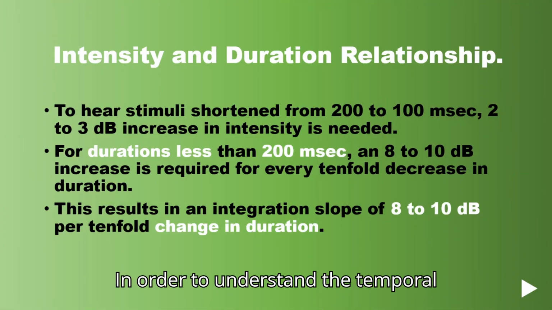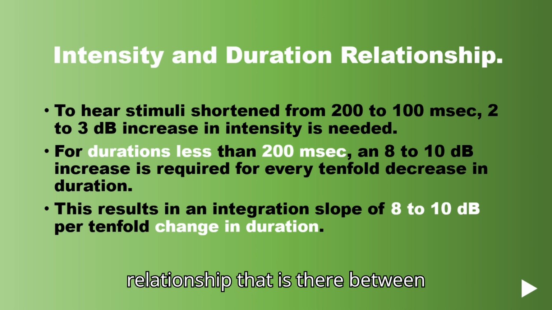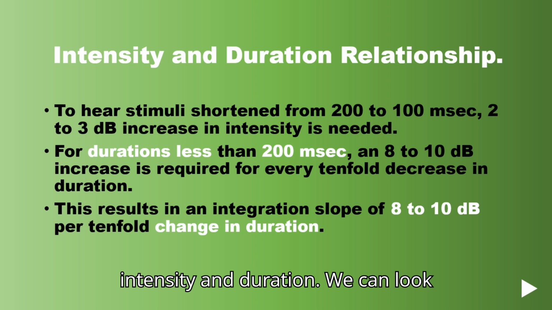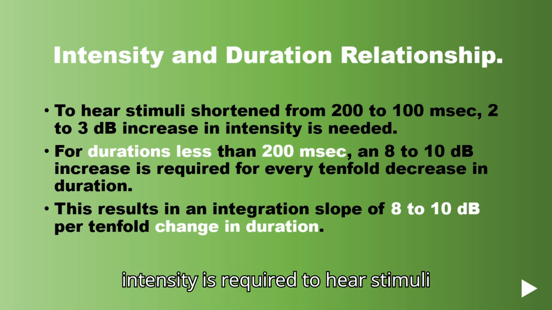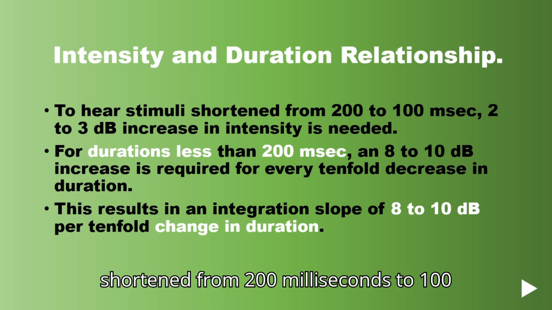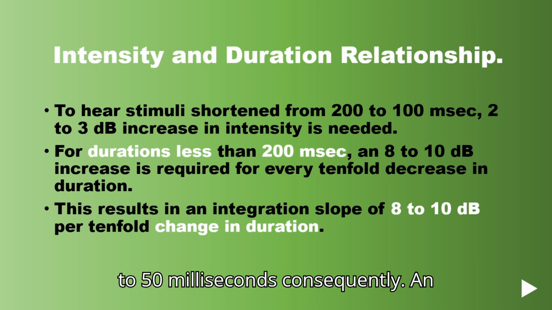In order to understand temporal summation, we need to understand the relationship between intensity and duration. We can see that a 2 to 3 dB increase in intensity is required to hear stimuli shortened from 200 milliseconds to 100 milliseconds, same with 100 milliseconds to 50 milliseconds.